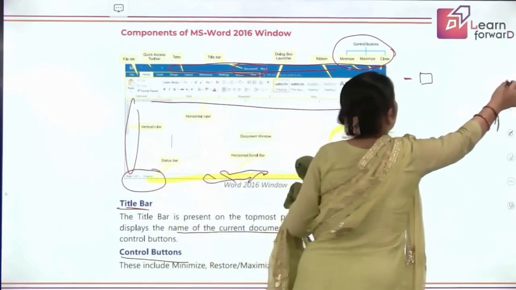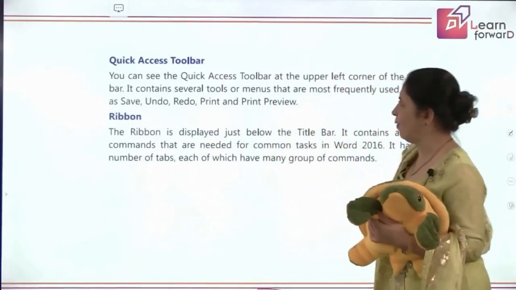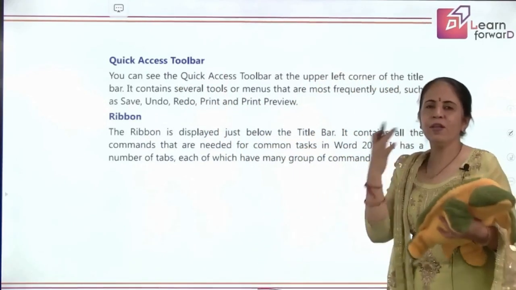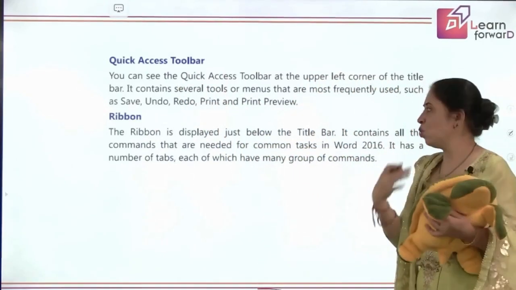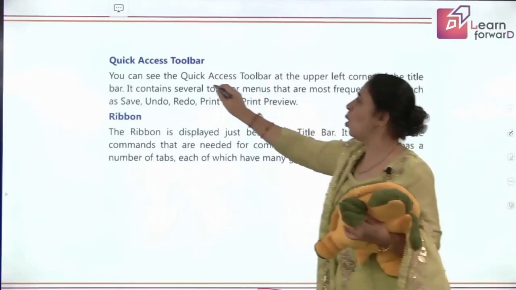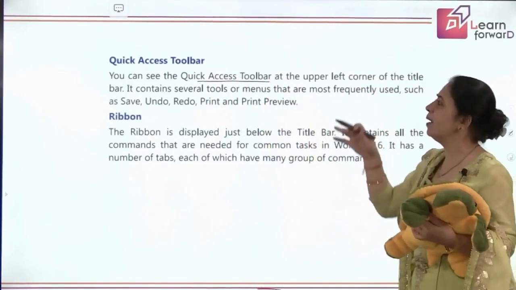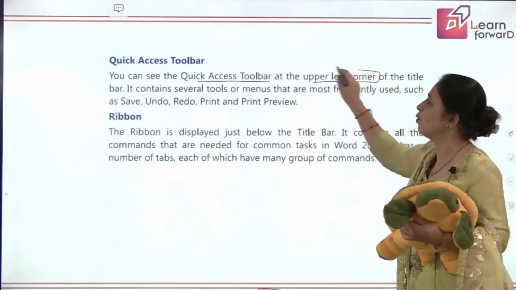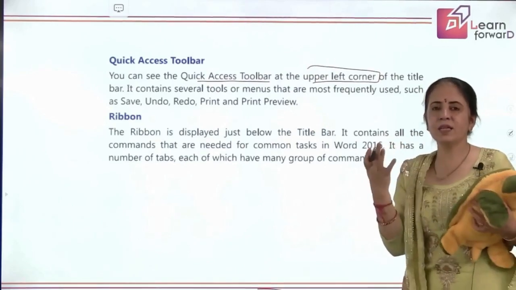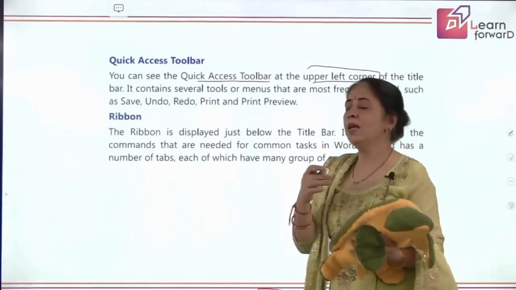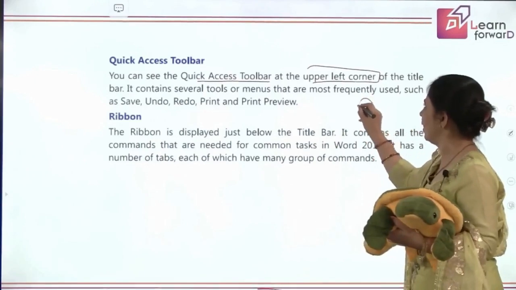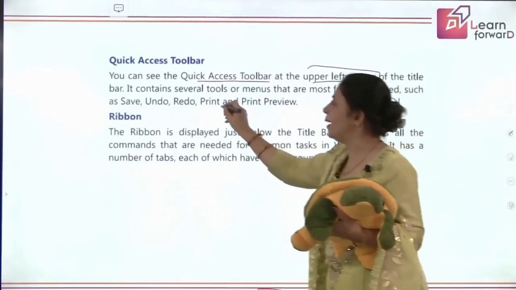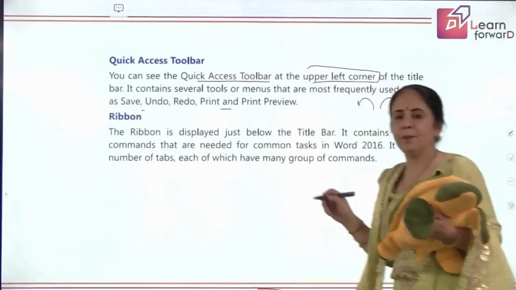And moving further, let's see what we have next. We have the quick access toolbar. Whenever you want to do certain work quickly, those actions are added in the quick access toolbar, which exists on the top left corner of the screen. We have things like undo, a redo button, print, save, and creating a new file.